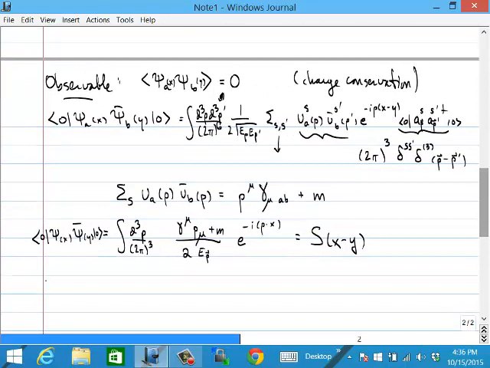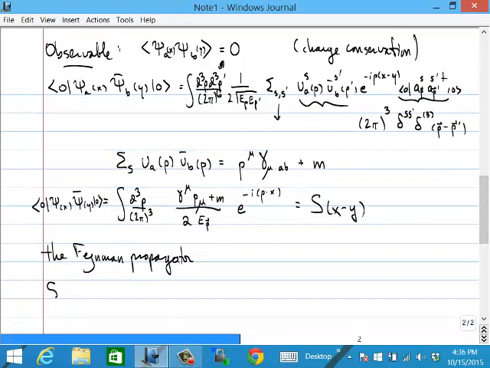And just as we defined a time-ordered propagator for scalar fields, one can define what's known as the Feynman propagator or the time-ordered propagator for spinors, denoted S_F.